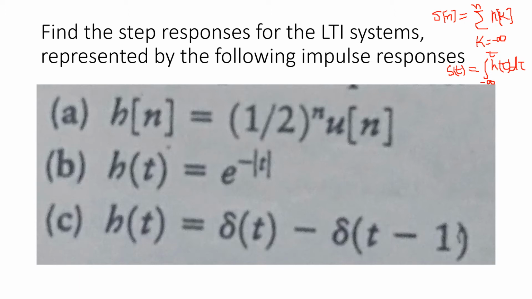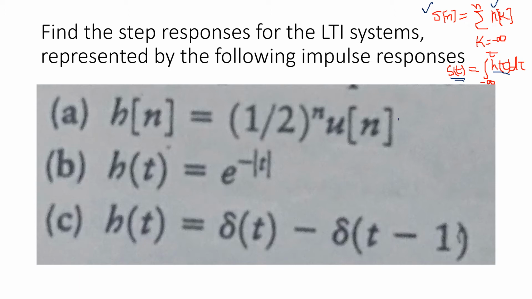So this is the equation for finding the step response when you are given the impulse response for the discrete time case, and this is how to find the step response when we are given the impulse response in continuous time case, right?